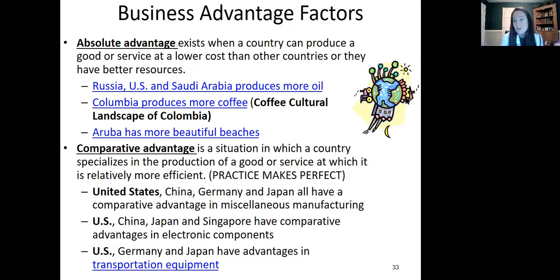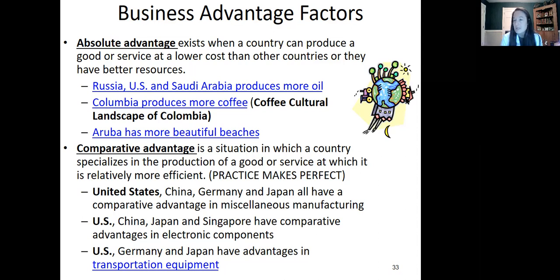And it really just depends on who has practiced the most. It's kind of like your singers. You got two different singers. One may have a little bit more fine-tuned voice than the other one because they've practiced more. So that would be a comparative advantage when we're talking about countries.